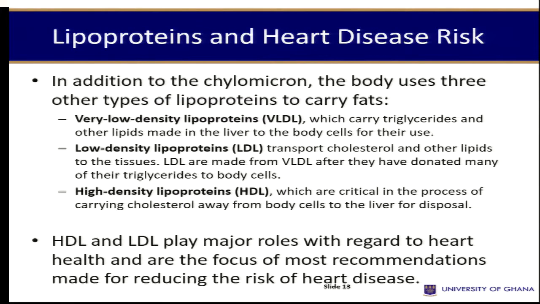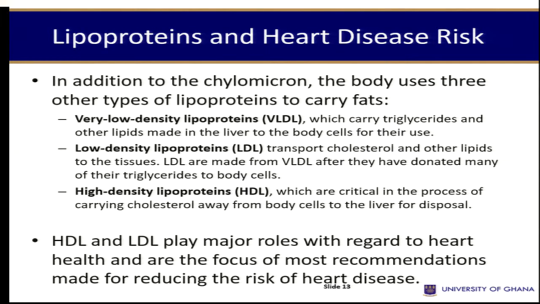And then how does it move in the blood? It moves in three main forms: very low density lipoprotein, VLDL, then the LDL, that is the low density lipoprotein, and then the high density lipoprotein. The VLDL and the LDL are what you normally would call the bad fat when we do the cholesterol lipid panel, the lipid profile, whereas the HDL is the good one.